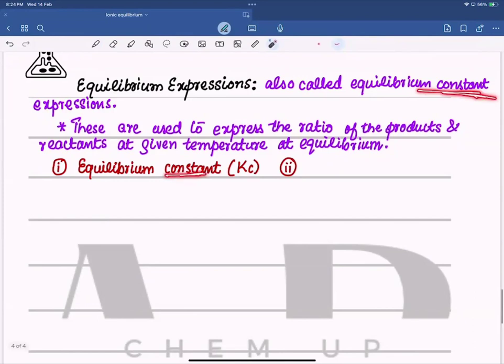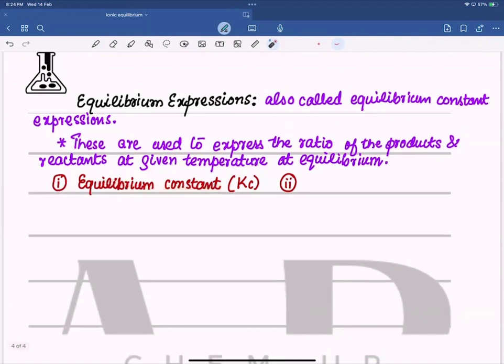So these are temperature-specific constants. These values stay constant at a specific temperature. For example, if we change the concentration or the pressure, and due to which the equilibrium position is shifting, the ratio of the reactants and products would not change, it stays the same. This value will stay constant. But if we change the temperature, then the Kc value, the equilibrium constant value, would be affected. It will not stay the same, it will change if the temperature is changed. Is this clear?